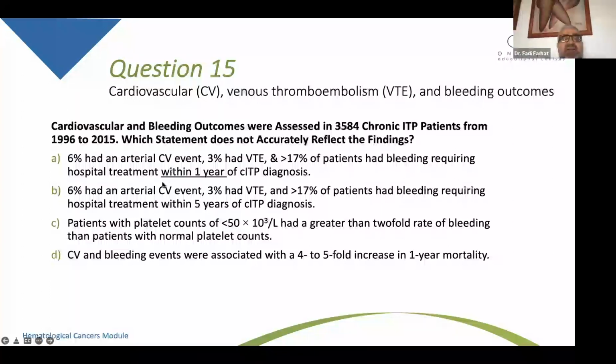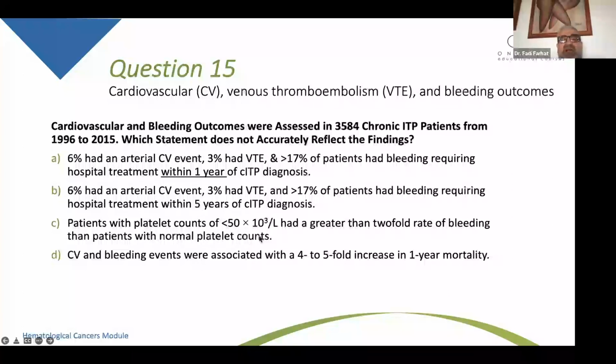B: the same, arterial cardiovascular 6%, 3% VTE, and more than 17% bleeding within 5 years of chronic ITP. Okay, so A and B are the same, but the duration is different, 1 or 5.